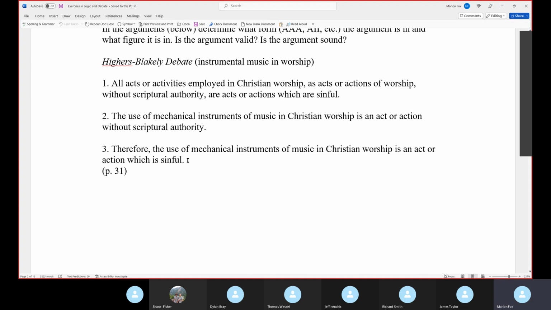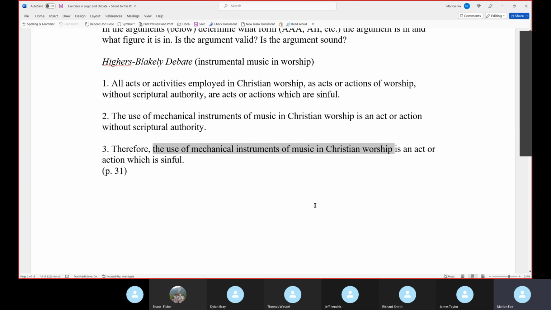Where is the minor term found? It's in the conclusion. It's in the minor premise. It is the subject of the conclusion. So, mechanical instruments: the use of mechanical instruments of music in Christian worship.